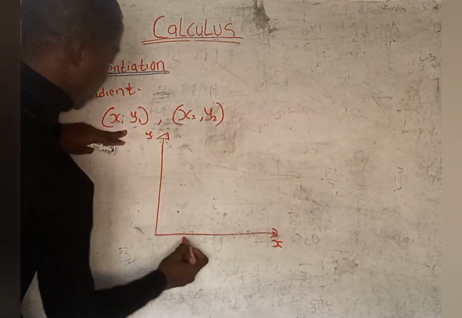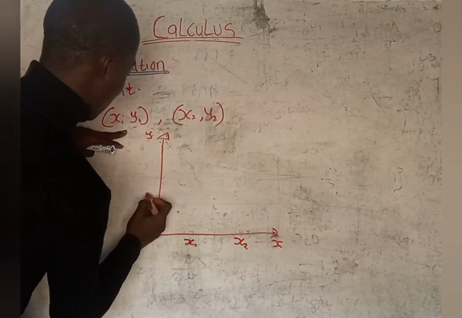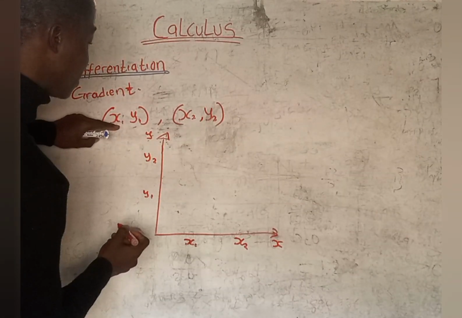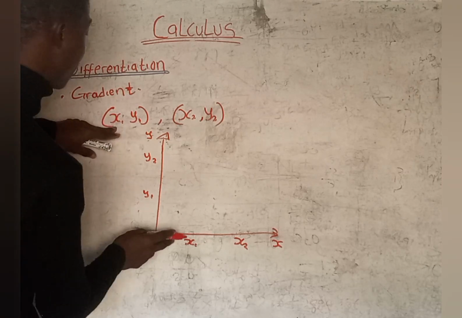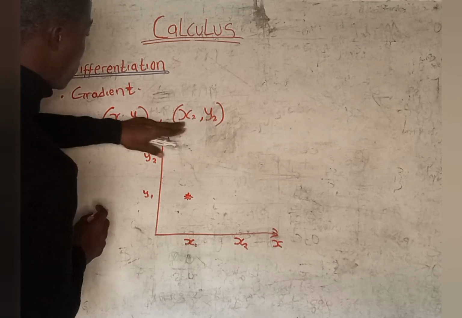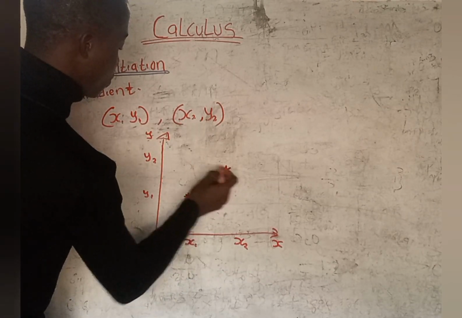I have x1 here, I have x2 here, and I have y1 here and y2 in this place. At x1 and y1, I'm going to have this star, and x2 and y2 here.